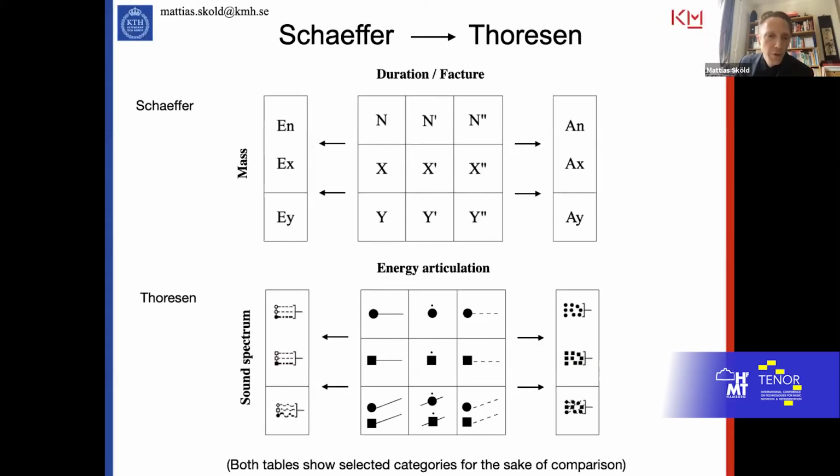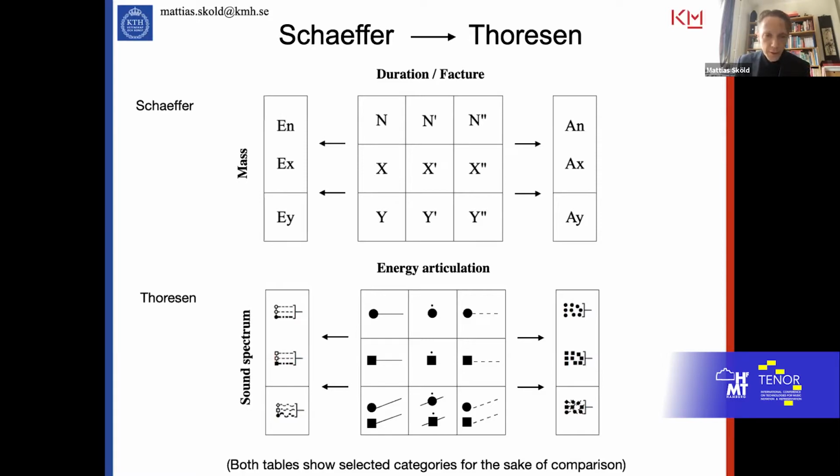Schaffer's famous type of morphology was adapted by Thoresen into a notation system for analysis of music as heard. And we can see in the adaptation how Schaffer's facture and mass became energy, articulation, and sound spectrum, while duration became an aspect of the graphical score.